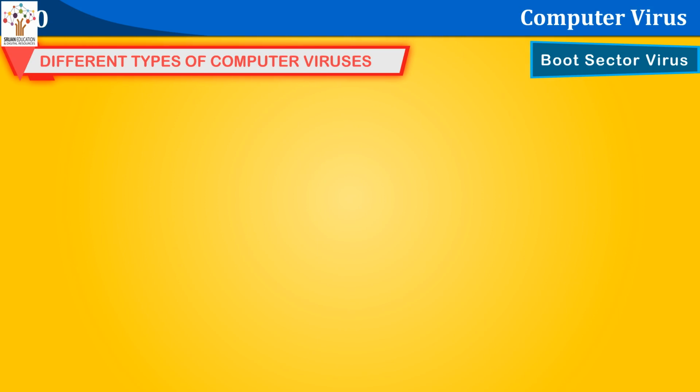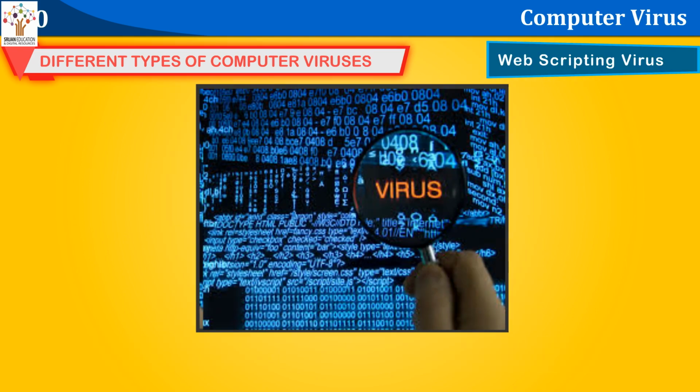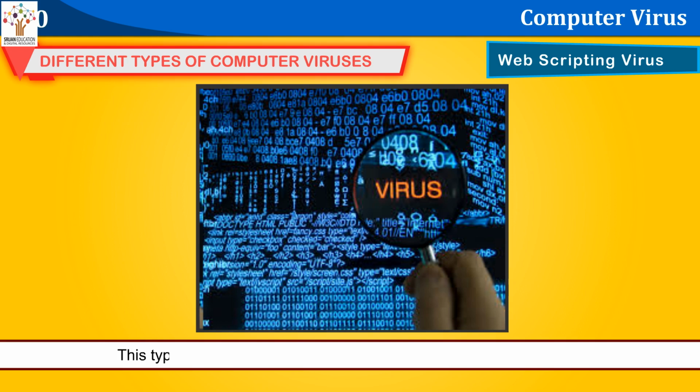Boot sector virus. This type of virus can take control when you start or boot your computer. It can spread by plugging an infected USB drive into your computer. Web scripting virus. This type of virus exploits the code of web browsers and web pages.